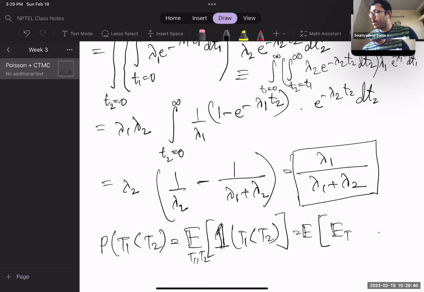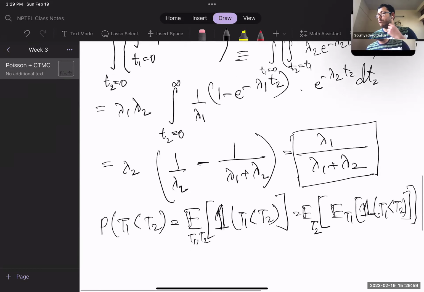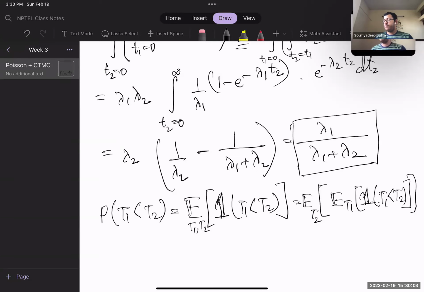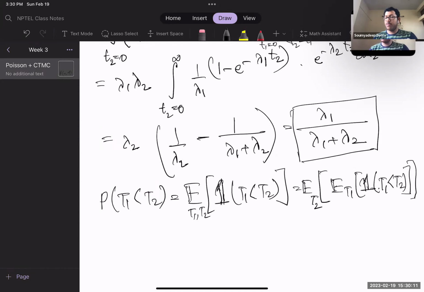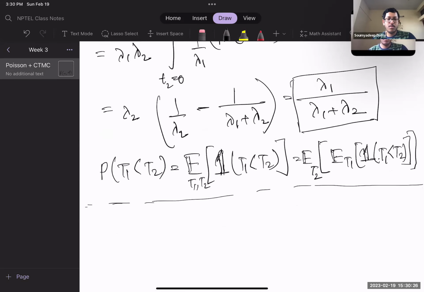I'll first take expectation over T1 of the identity function that T1 is less than a particular value T2, and then I'll take an expectation over T2. So this is exactly what I did mathematically speaking. If you write down the expectation using PDFs, what I did intuitively is exactly this, in a rigorous mathematical way. I broke down the combined expectation into an iterated expectation. Does that make sense? Okay, that's fine.